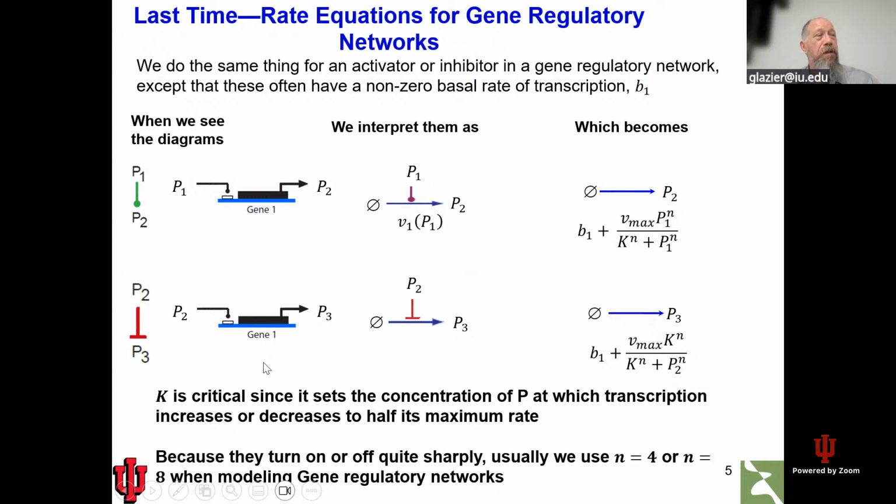Similarly, if we have an inhibitor, we would model this as nothing goes to the protein P3, and we have a sub-basal rate of transcription plus some decreasing Hill function of the amount of the inhibitor.